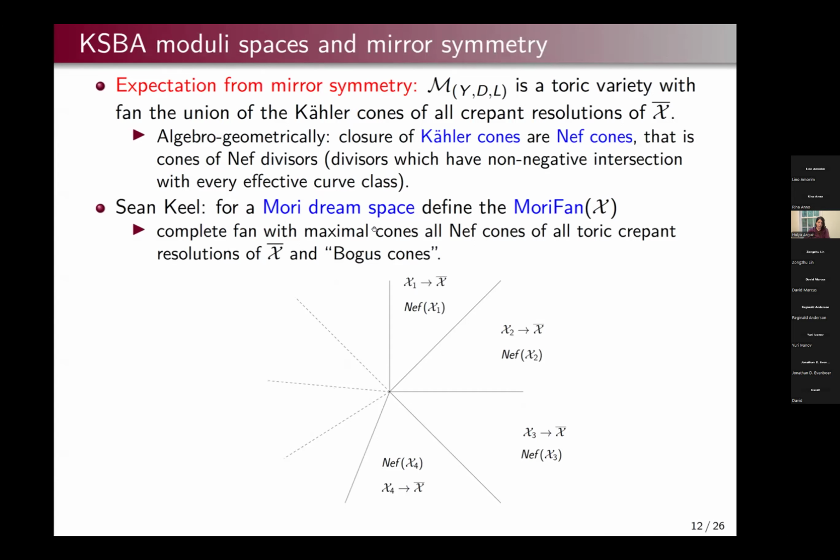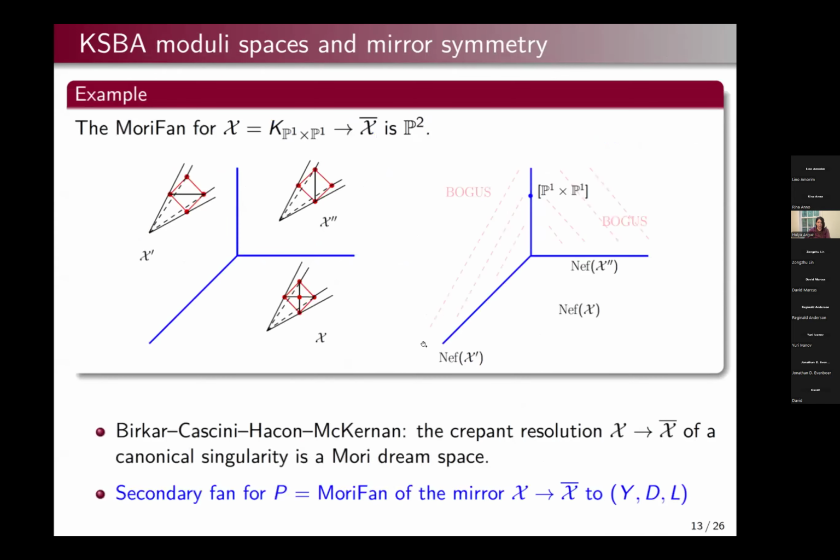And if you have a Mori dream space, it's known that these glue together if you add some additional boundary cones, which are totally determined from these nef cones, to form a toric fan. So if you have a Mori dream space X bar, you can look at all possible crepant resolutions, look at their nef cones, and they will give you what is called a Mori fan. So the Mori fan is expected to describe the KSBA moduli space.